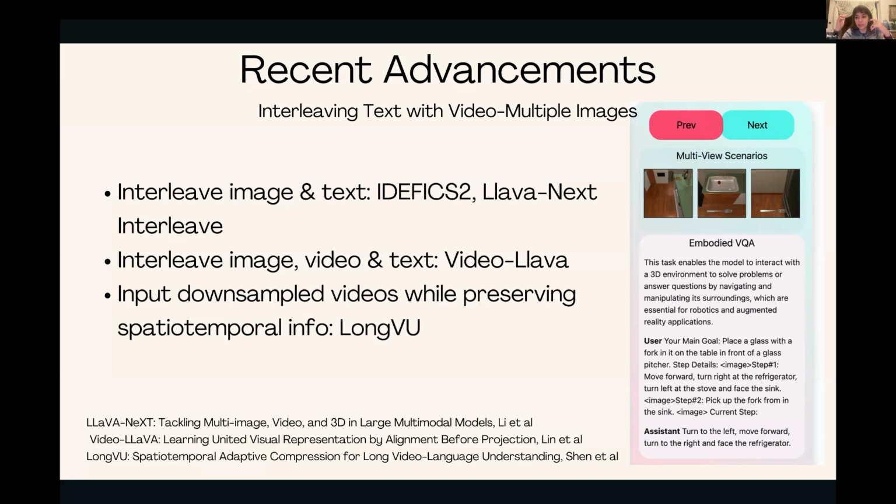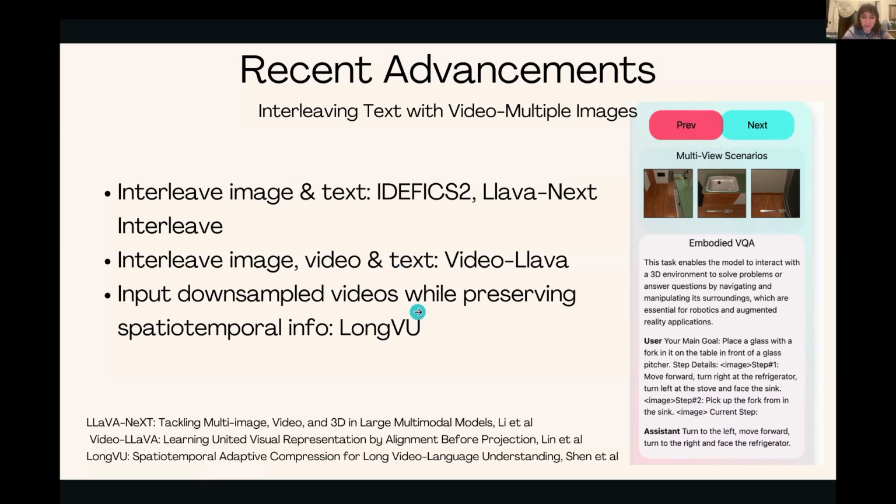You either insert as many image tokens as you downsample. So assume you downsampled 8 frames, you insert, like in here, 8 image tokens, or you can insert a single video token depending on the model that you are using. But you can just interleave image, video, and text, which is pretty cool in my opinion.